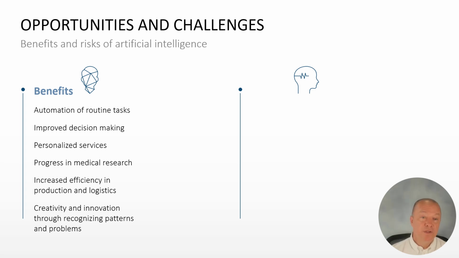So the benefits of AI include automation of routine tasks, improved decision making, personalization and customization of the services that we purchase and enjoy. It also can help us in progressing medical research. It can provide increased efficiency in product production and logistics. It can also bring value in creativity and innovation through recognizing patterns and problems.